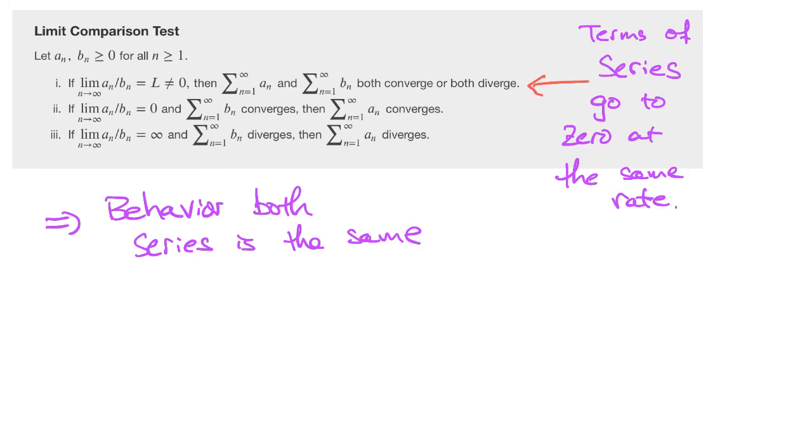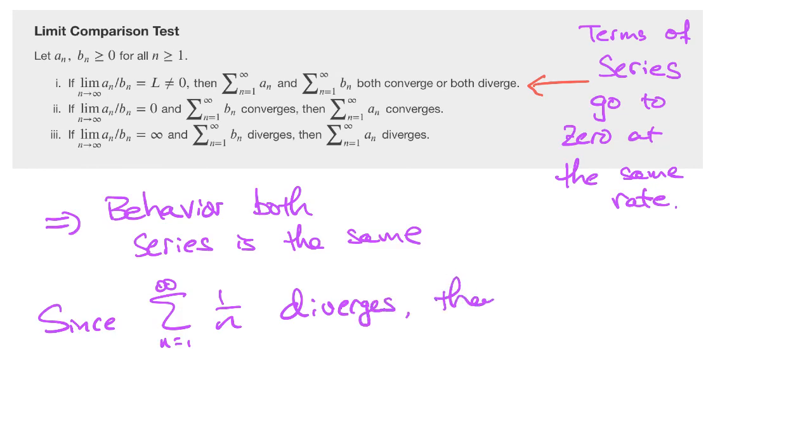So since our series, the sum from n equals 1 to infinity of 1 over n, diverges, then the series we were given at the beginning, the sum from n equals 1 to infinity of 5 over the square root of 25 n squared minus 7, also diverges.